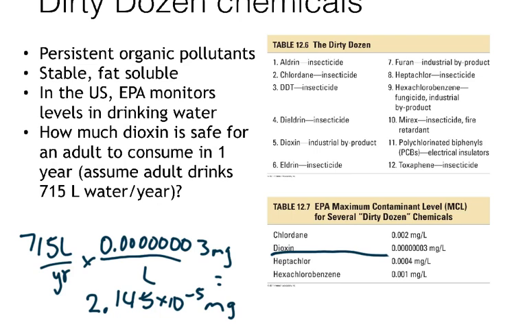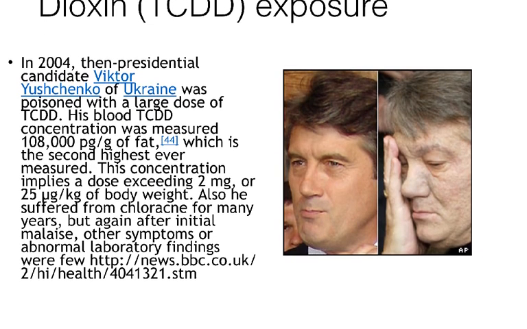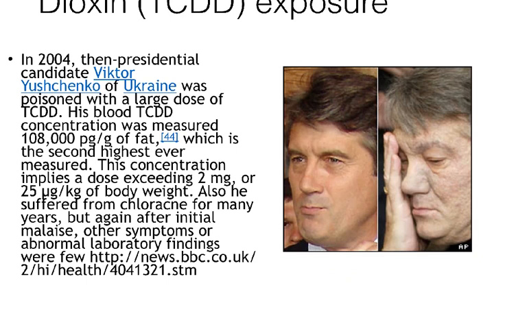Now that comes into play on my next slide here, which is back in 2004, a presidential candidate in the Ukraine, Viktor Yushchenko, was poisoned with dioxin, specifically TCDD. So dioxin is kind of a category of toxins, and TCDD is a specific one.